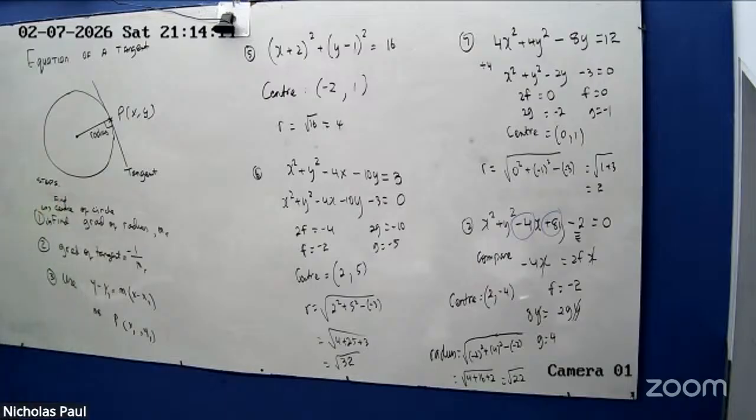So these are the steps that it takes to find the equation of a tangent. Your 4 steps: find the center, find the gradient of the radius, find the negative reciprocal, and use the equation of a line.